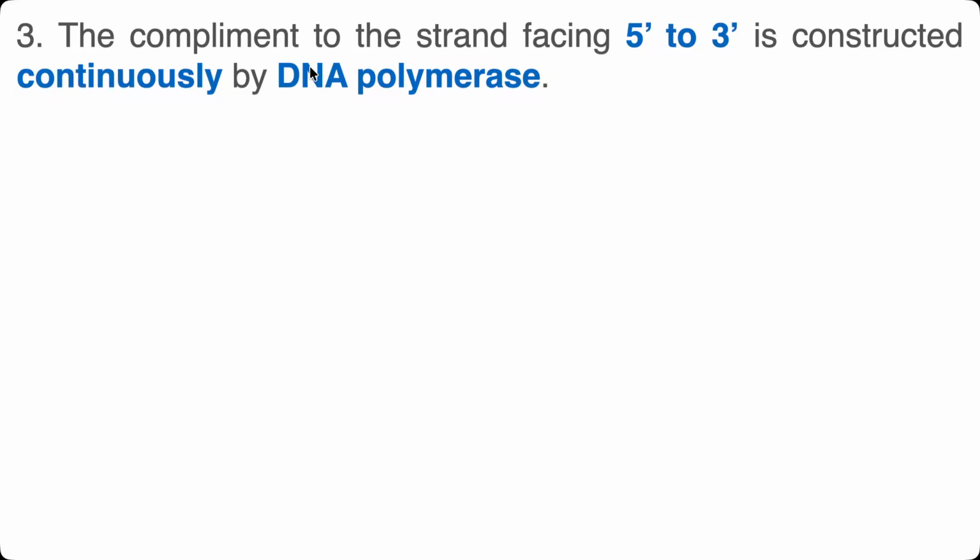That complement that is facing, this is read 5' to 3', by the way, that's the way you read this. It's constructed continuously. So the DNA polymerase that is building it can just run straight through and make a copy, right? It can just immediately make a copy.